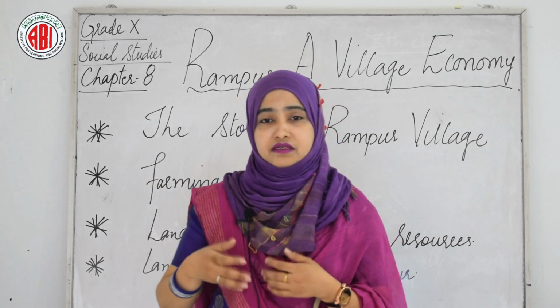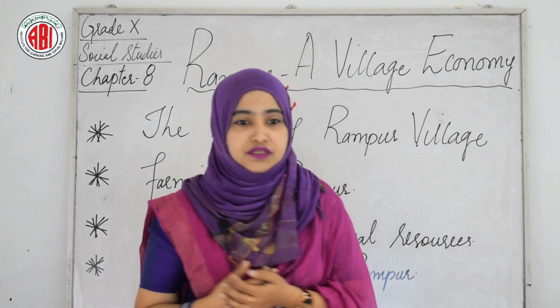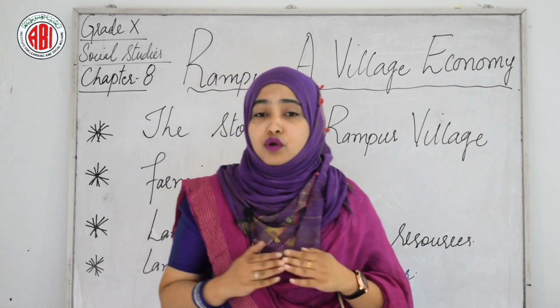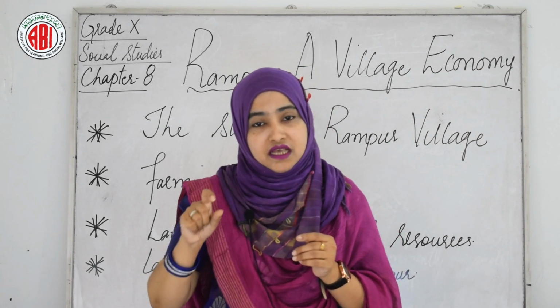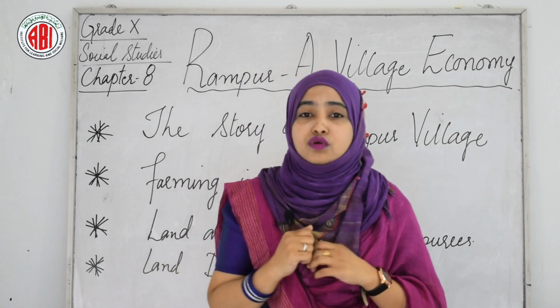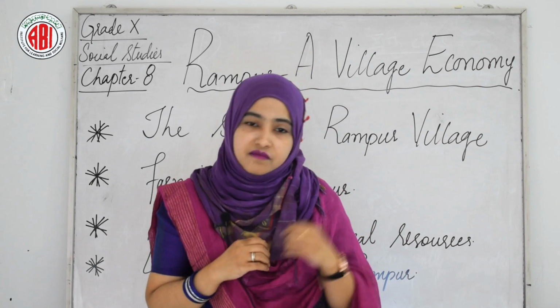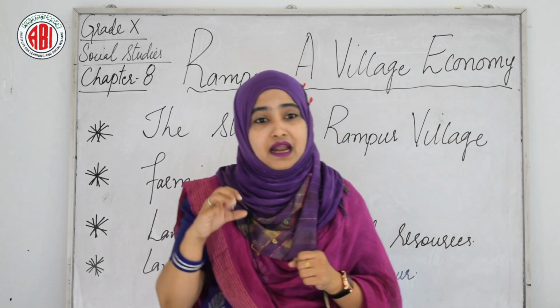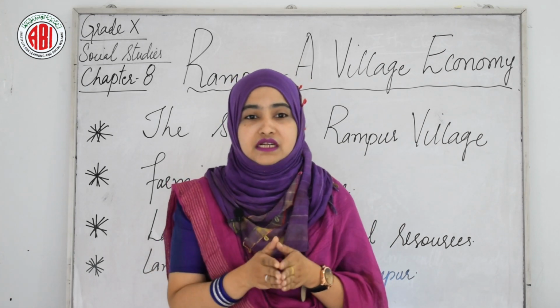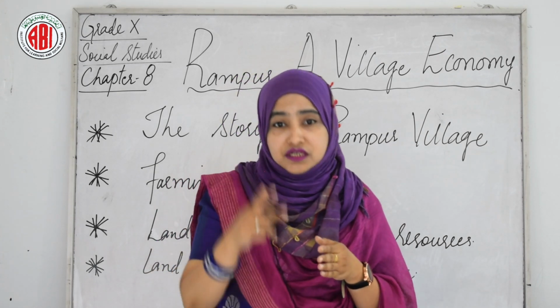Let us see how the land is distributed in Rampur village. In Rampur, about one third of the population, that is 150 families, are landless. Most of the landless families are Dalits. There are 60 families of medium and large farmers who cultivate more than 2 hectares of land.